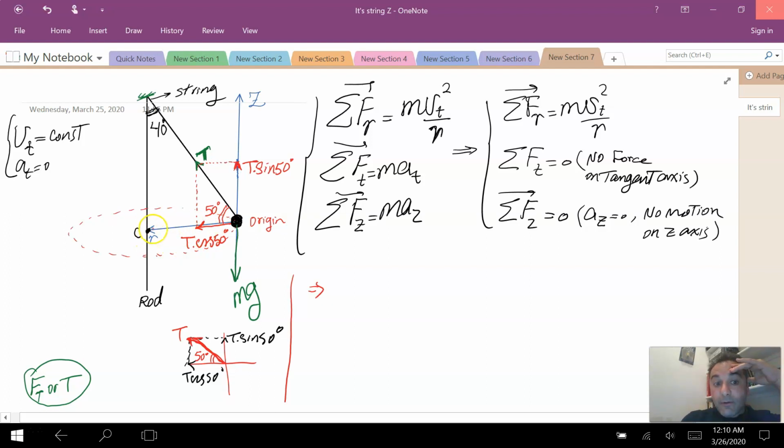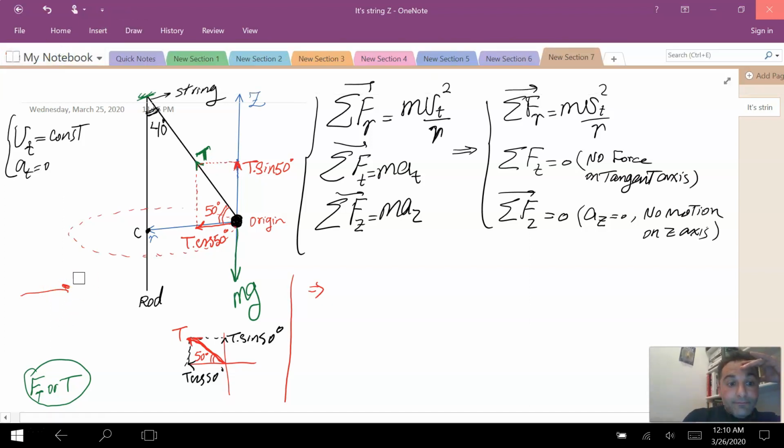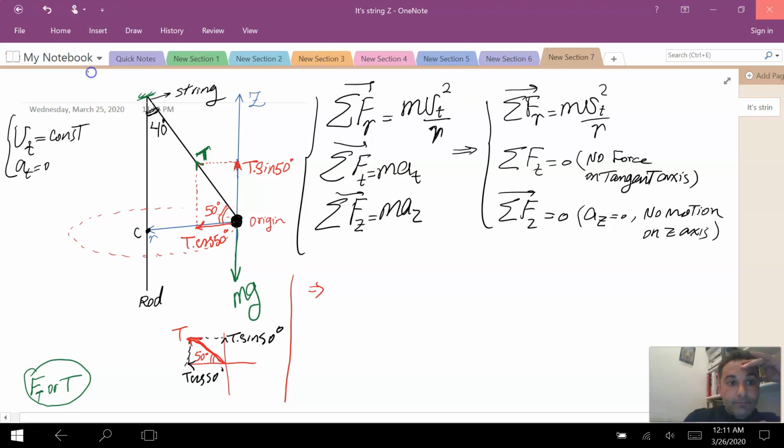Don't say this is a force. No, this is for the axis. This arrow is not a force. It's just an arrow to show the axis. Okay. So, how many forces do you see on the radial axis?